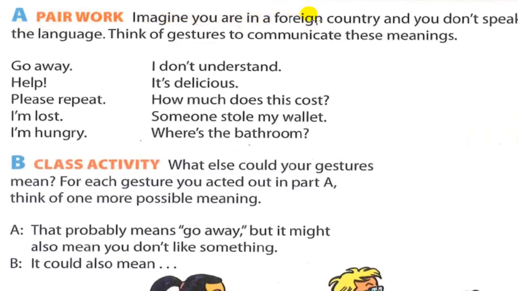Imagine you're abroad, and you don't speak the language. Think of gestures to communicate these meanings. You are in France, in China, in Japan. You don't know the language. We try to use some gestures to tell the people the meaning.